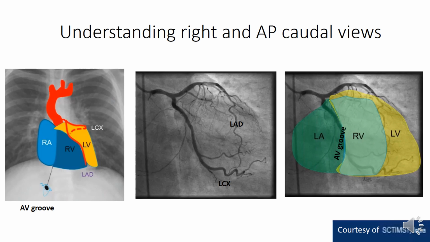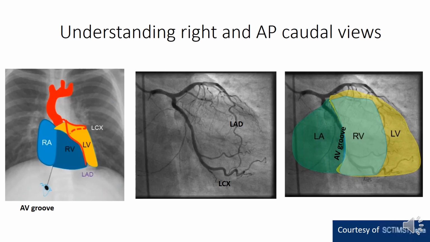This is a picture of this view. Just memorize this shape, and when you see it, it is either an epicaudal or right caudal view. How does this view come about? As we discussed, at the caudal orientation, we are aligned with the atrioventricular groove, so the circumflex will be along the view, as we see here.